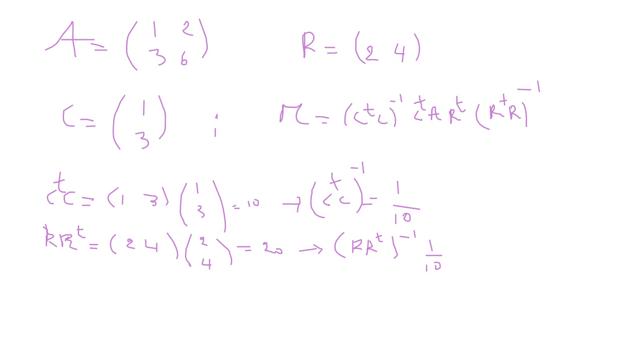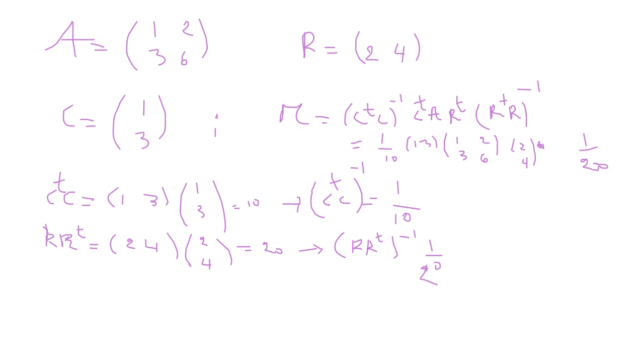So if you plug in here, you're going to end up with 1 over 10. At the end you get 1 over 20. And between you have CT, which is 1, 3, times your matrix, 1, 2, 3, 6, and RT, which is 2, 4.